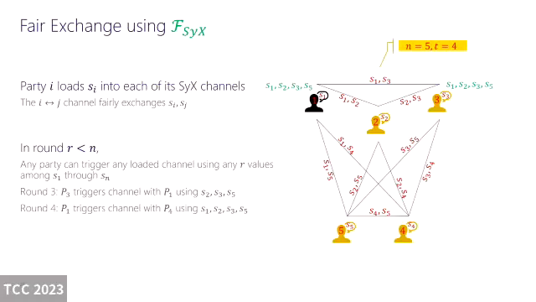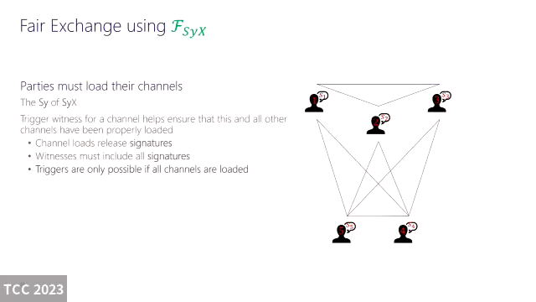Then in round 4, which is the next round, P1 can trigger the SYX functionality with P4 using the inputs S1, S2, S3, and S5. And at this point, both P1 and P4 have learned all the 5 inputs, S1, S2, S3, S4, and S5. So hopefully it's clear that the protocol works, assuming the load phases of all pairwise SYX functionalities are complete.